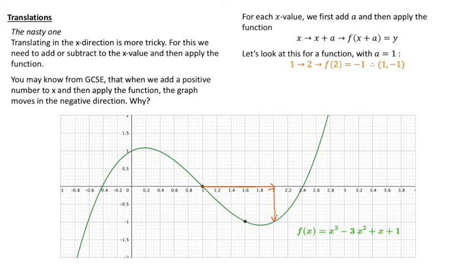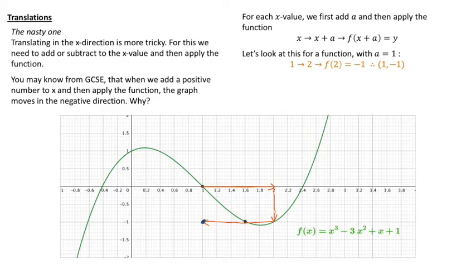But that value is, for the new situation, f of x plus a, that's going to be the y value attached to 1. I indicate that by dragging it backwards 1, and we end up with the point (1, −1).